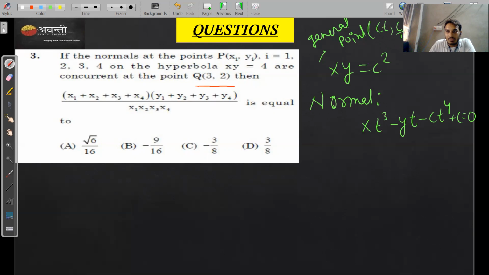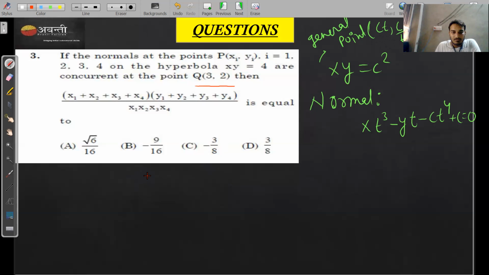All the equations that we derive are for taking the general point ct comma c by t, right? So this is the equation of normal. We all know this. Now let's say some h comma k point is passing on this. We are not doing it for 3 comma 2; we are doing it for general h comma k. Then we will substitute at the end h equal to 3 and k equal to 2, right?